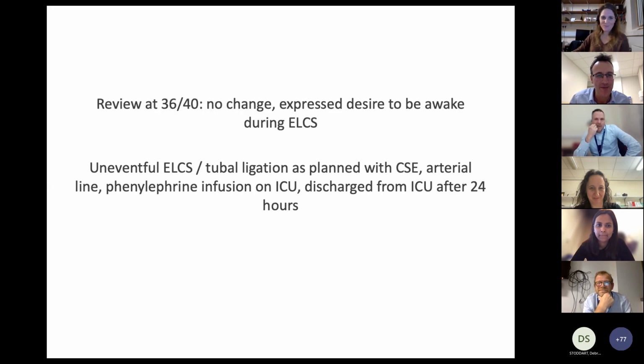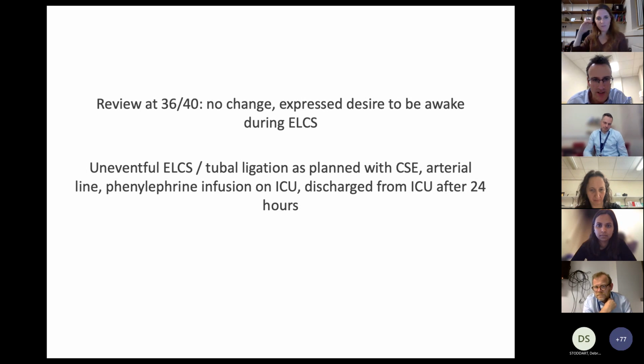But then we saw her at 36 weeks. She was relatively well. I think that's when I first met her. And at that point, she expressed a desire to be awake during elective section. And in fact, that was the plan that was then made.